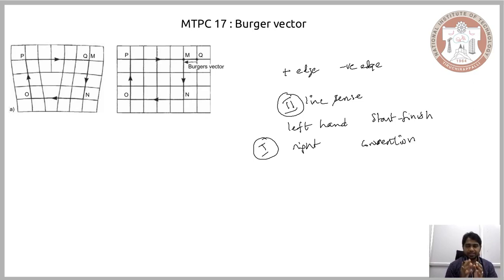So by these conventions, in addition to understanding which type of dislocations we are considering and the magnitude of the dislocation, just by looking at the Burgers vector, we will be able to understand the nature of this particular type of dislocation that we are studying. Particularly when we are considering edge dislocation, using this convention, we will be able to distinguish the positive edge dislocation and the negative edge dislocation.